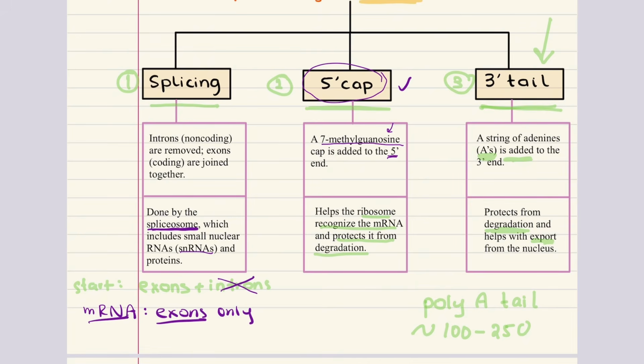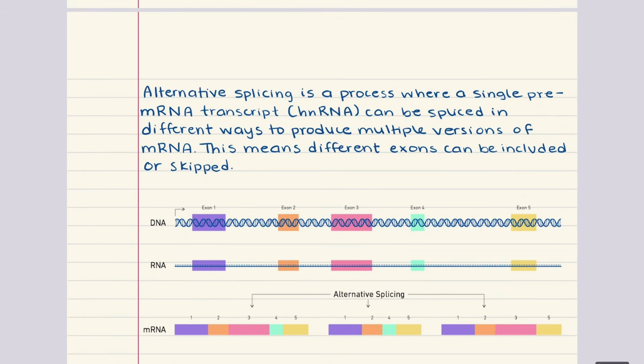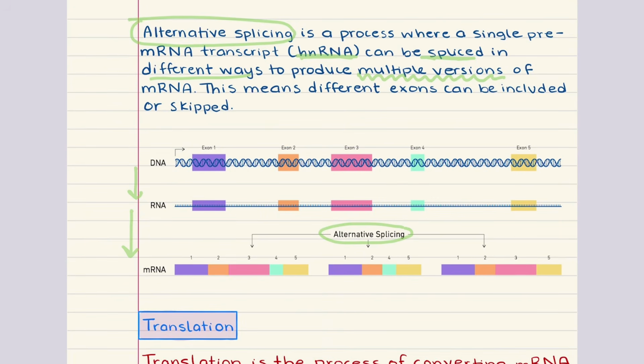Now, there's one more important concept to mention here, and that is alternative splicing. Alternative splicing is a process where a single heterogeneous nuclear RNA transcript can be spliced in different ways to produce multiple versions of messenger RNA. That means that from one gene, you can get different proteins depending on which exons are included or skipped.